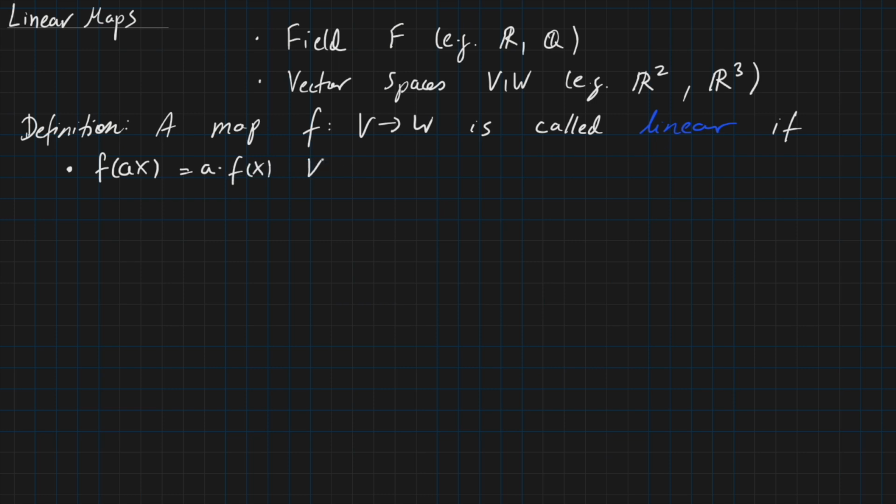And this must hold true for all a from the field F, so usually a real number, like 2, 3, 5, 7, minus pi, and so on, and x from the starting vector space V.